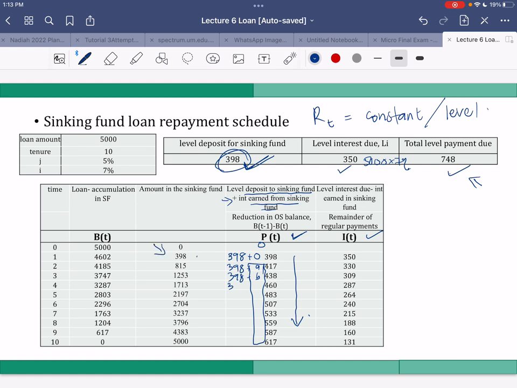So this is 398, and this one would be 398 times 1.05, that is 1 plus j, plus 398. This one is 398 s angle 2 at 5%, plus 398.